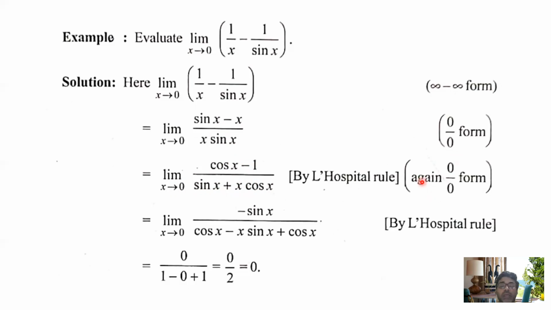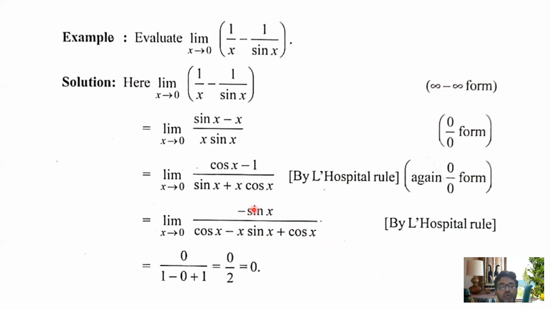Again, if we apply L'Hospital rule, cos x derivative is minus sin x in the numerator. In the denominator, cos x plus the derivative of x cos x, which is a uv form: x as it is, cos derivative is minus sin x, and x derivative is 1, so that is cos x.